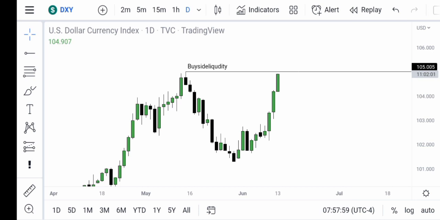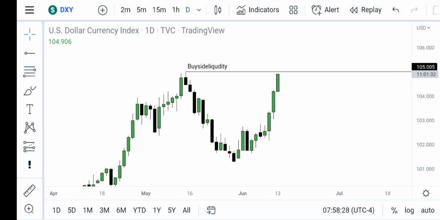This is a swing high, so we have buy side liquidity at that high. Where will price go? It will go up to take out that buy side liquidity. That's what I think.